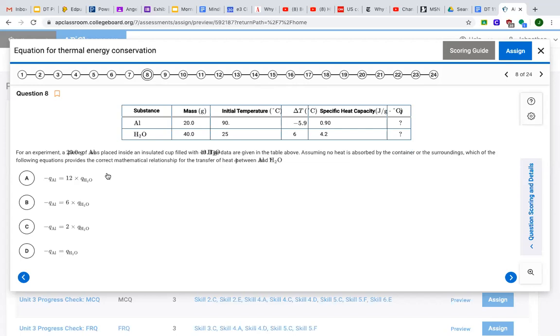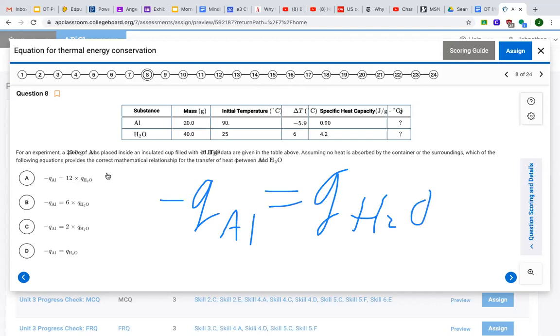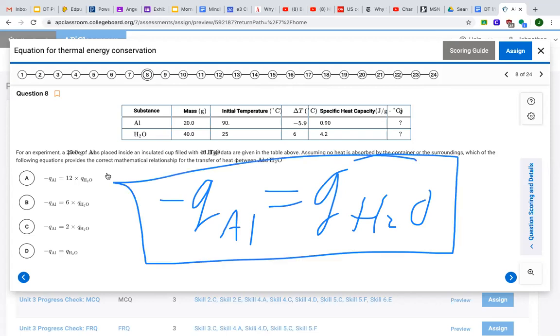So you probably go negative because the aluminum is losing heat. So negative Q aluminum equals positive Q H2O. But then they want some silliness here. If you've got 0.90 to 4.2, that's just plain nonsense. There shouldn't be a multiplier. It should just be D. D should be the right answer.